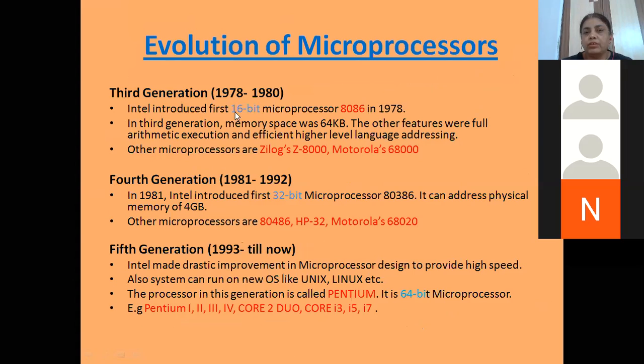Third generation was the 16-bit microprocessor, and the name was 8086. From the third generation to the fifth generation, these are called advanced microprocessors. The first two generations were normal basic microprocessors. From the third generation, from 8086, the architecture was different.